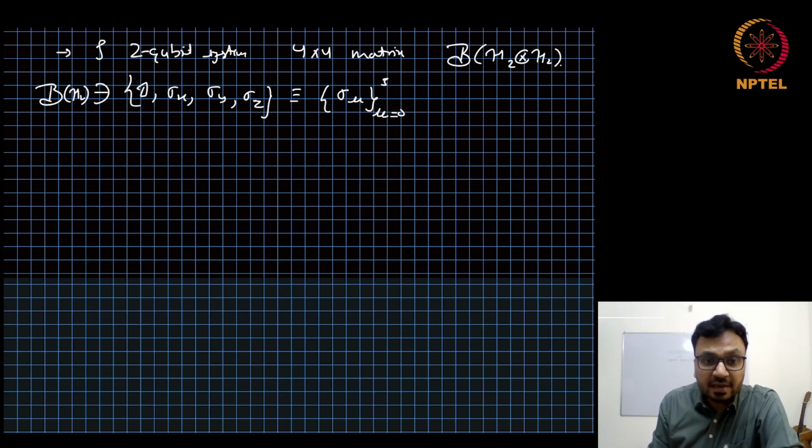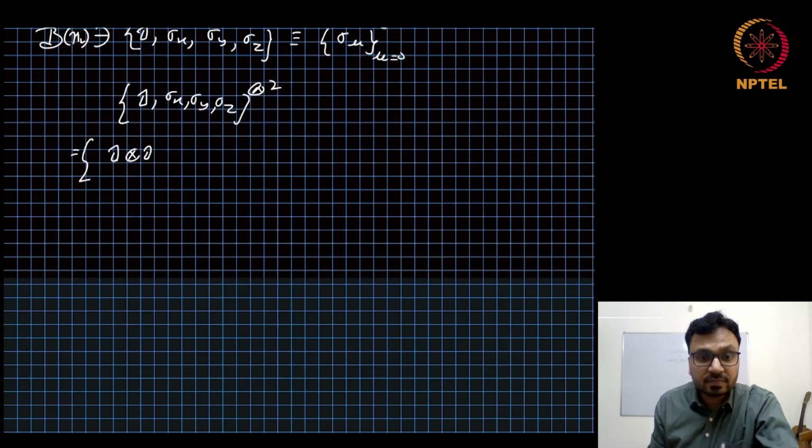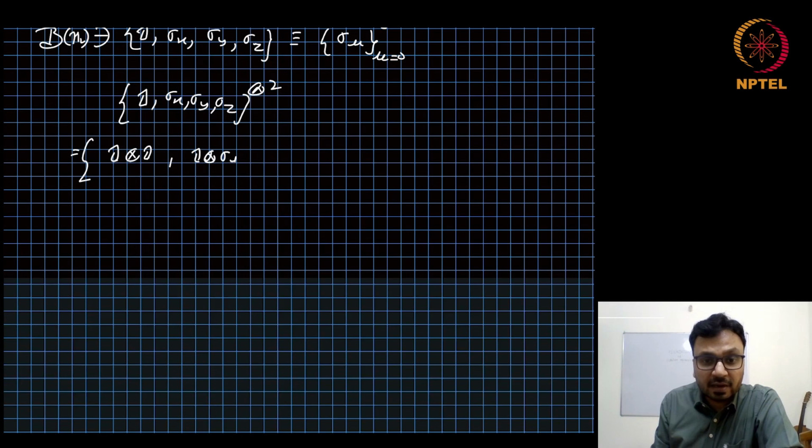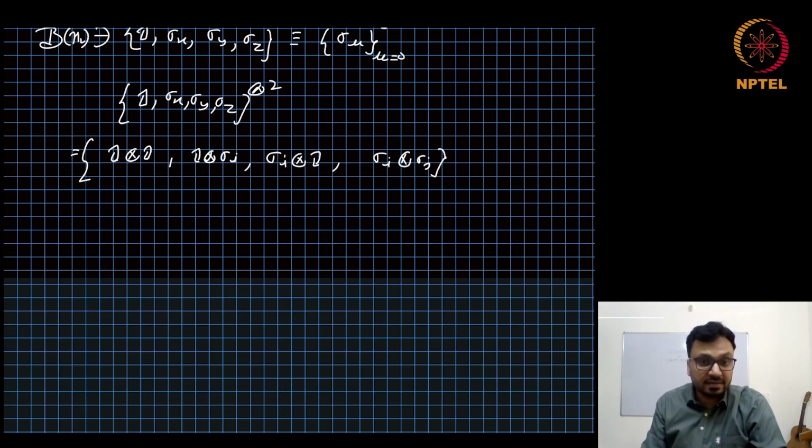So we can extend this basis, because this was the basis for the set of operators acting on H2. Now we can have two copies of those. So it will be identity tensor identity, identity tensor sigma i, where i is x, y, and z, sigma i tensor identity, and we have sigma i tensor sigma j, where i and j are x, y, and z.